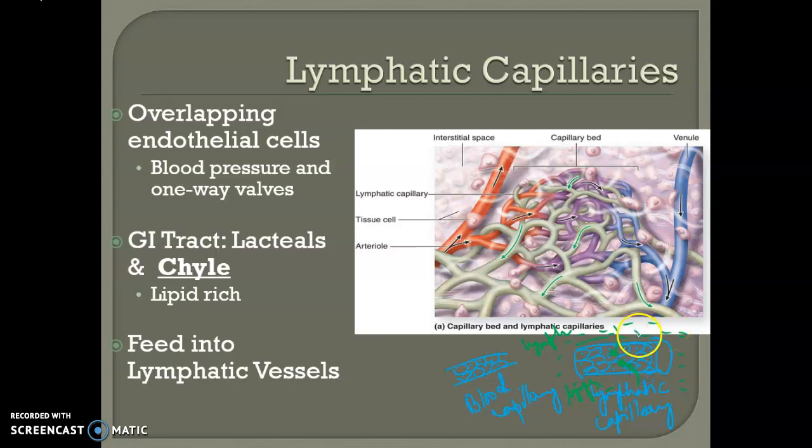So now we have lymph getting in. Now as soon as the pressure in the lymphatic capillary gets high, these overlapping endothelial cells work as one-way valves and shut, so the lymph cannot leak back into the interstitial space. Does that make sense?